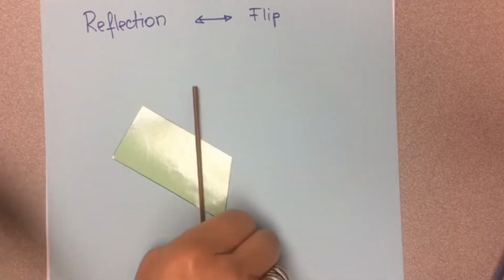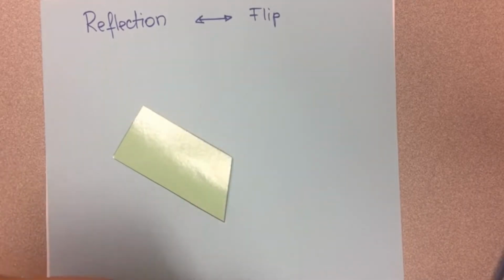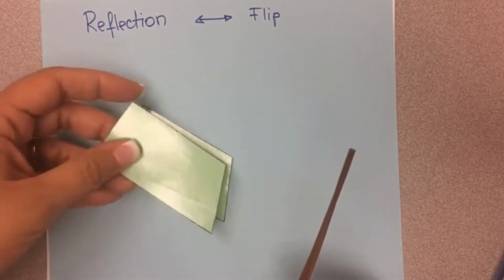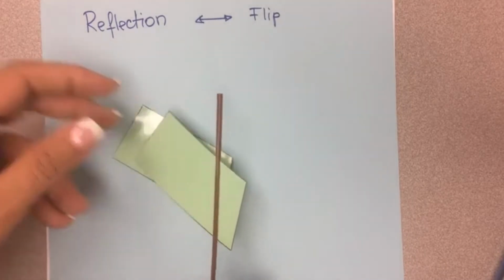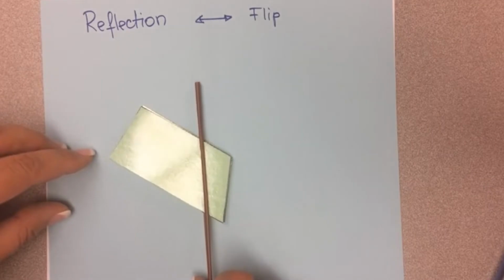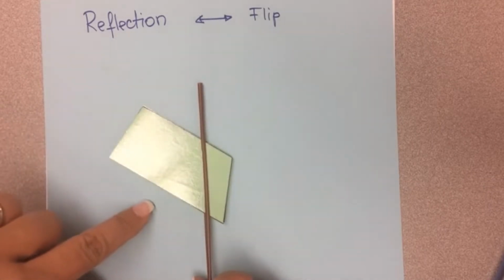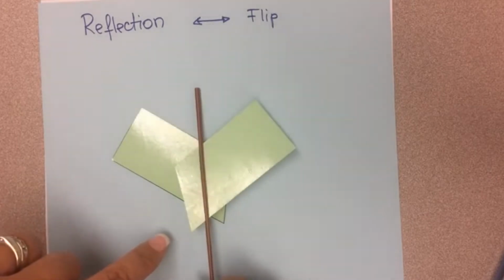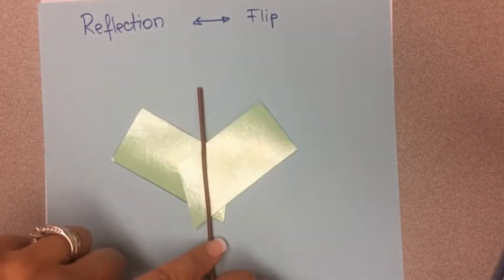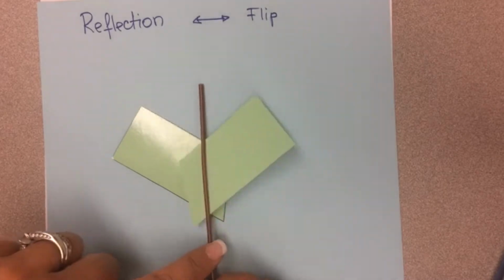So if I keep that image and have another to compare with, just so I can see how the trapezoid before will flip over, to see how the image and pre-image would look like.